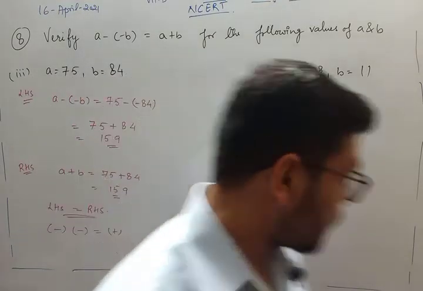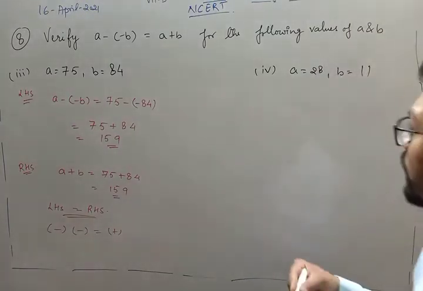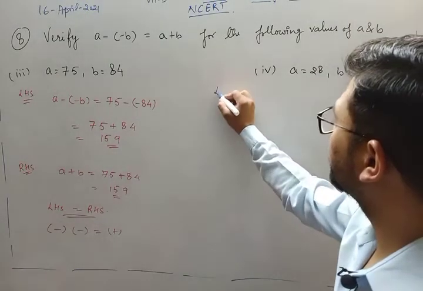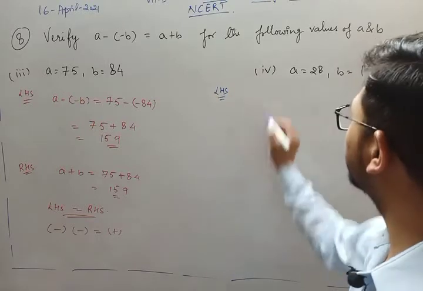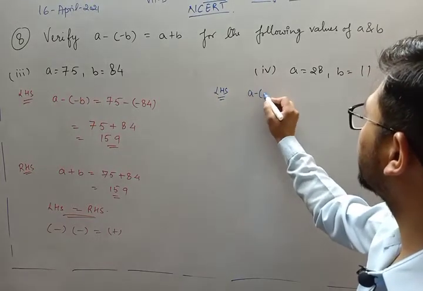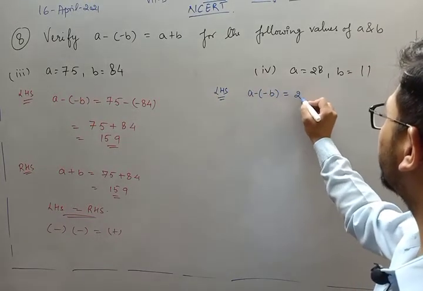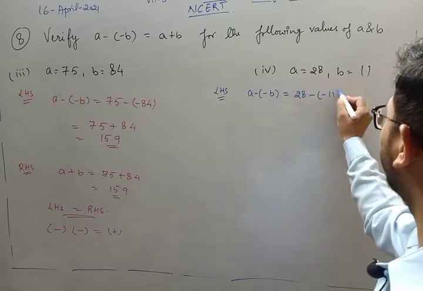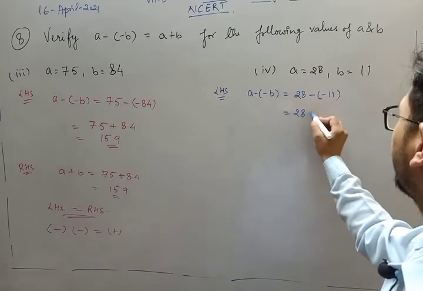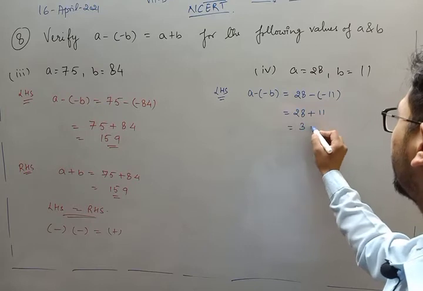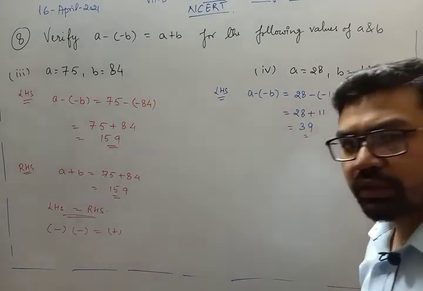Similarly, you can check this question. LHS is equal to a minus minus b. That means 28 minus minus 11. 28 plus 11 is 39. So the result you got in LHS is 39.